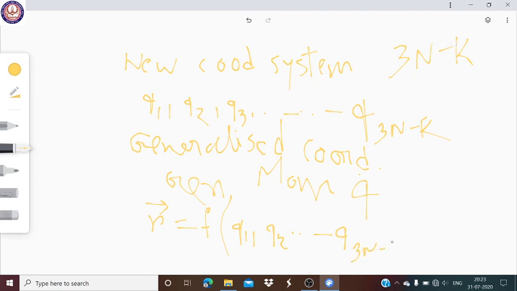The position will be a function of these generalized coordinates, and if the system of particles is moving, it will also be a function of t. So this is the new form of the position vector in the generalized coordinate system.